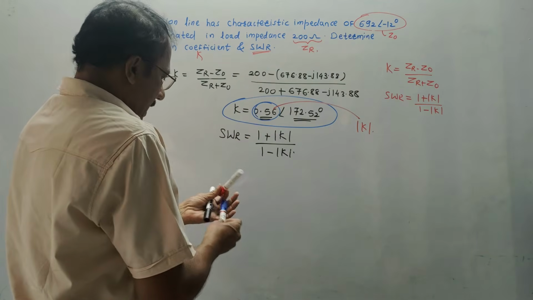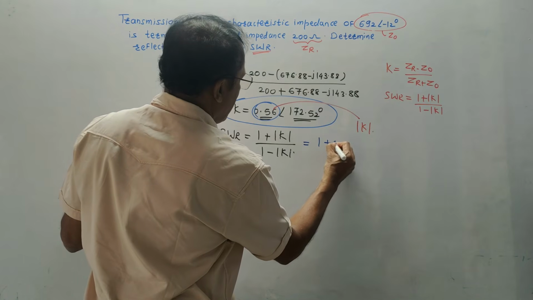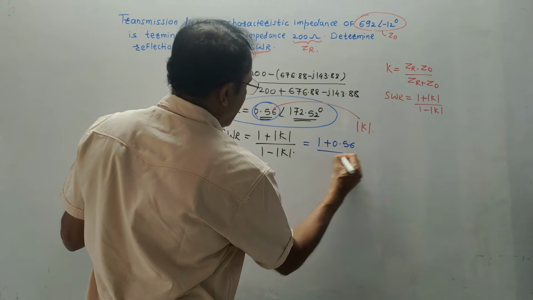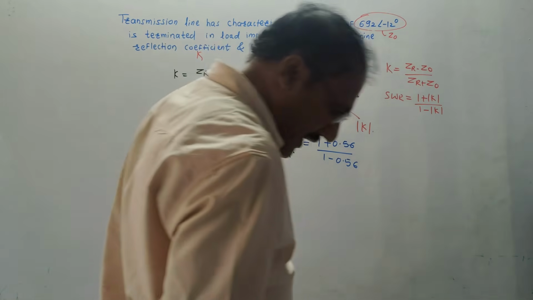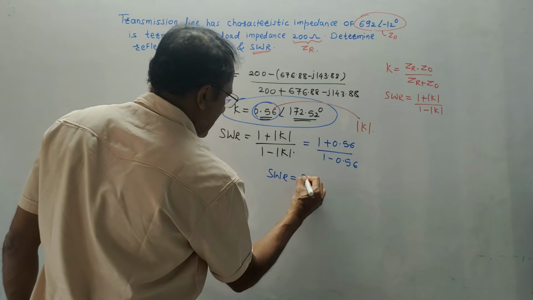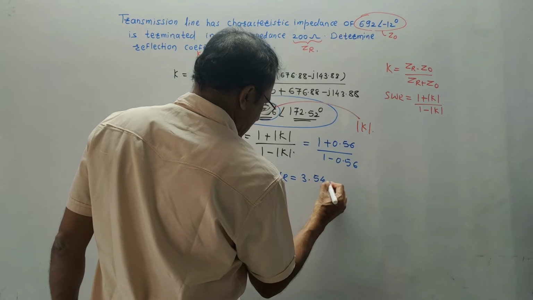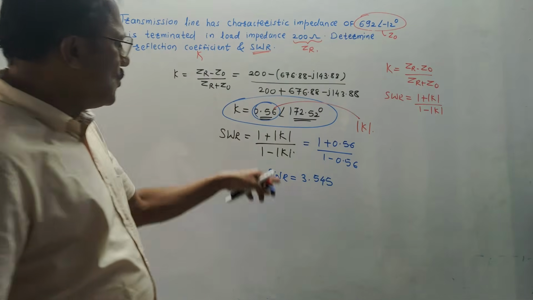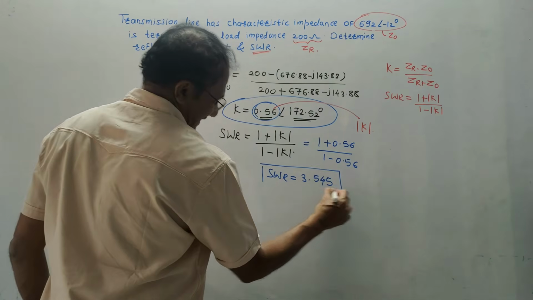So I have to put the value of magnitude only. So I will put it like this: 1 plus 0.56 divided by 1 minus 0.56. A simple calculation. So the answer of SWR will be 3.545. It is a ratio, so it is a unitless quantity. So this is the final answer.